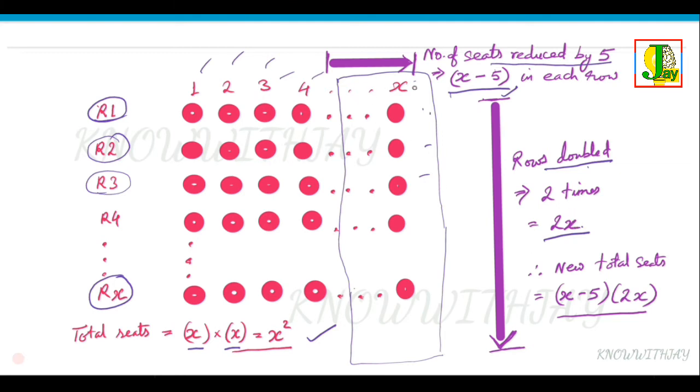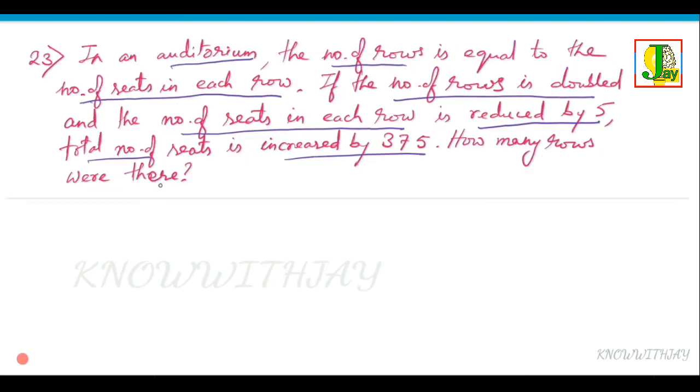So here if you count, you have x minus 5 for the first row, x minus 5 for the second row, like that. How many times? It's 2x times. So the new number of total seats will be x minus 5 into 2x. So this is the total number of seats in the new condition. Okay, now let us write the given figures in words here.